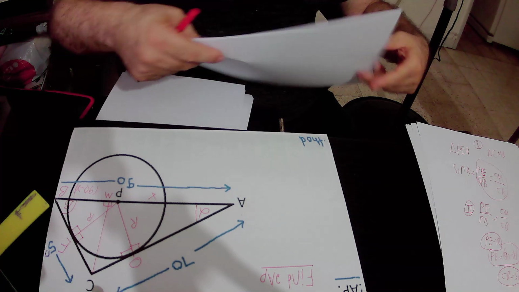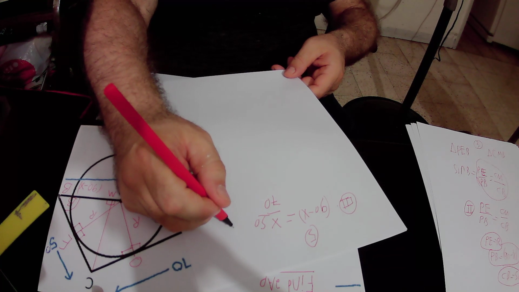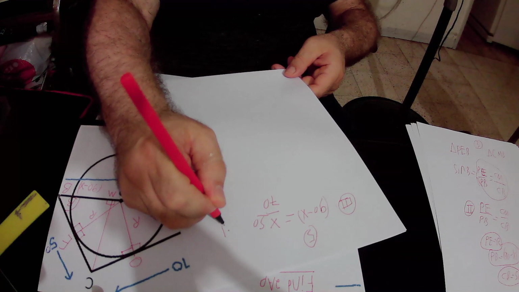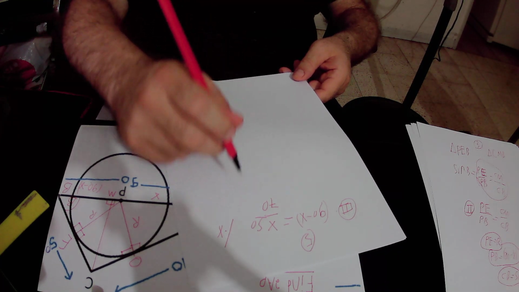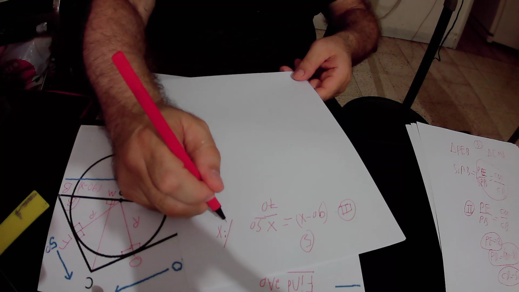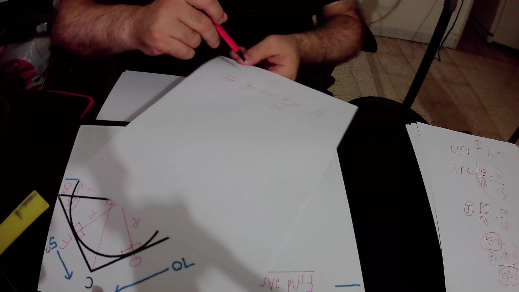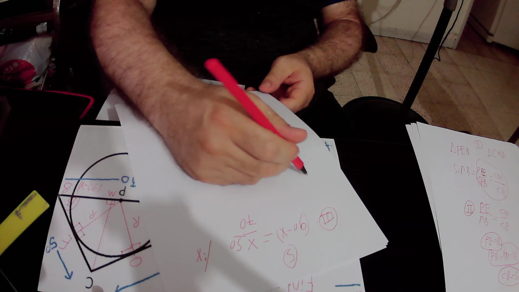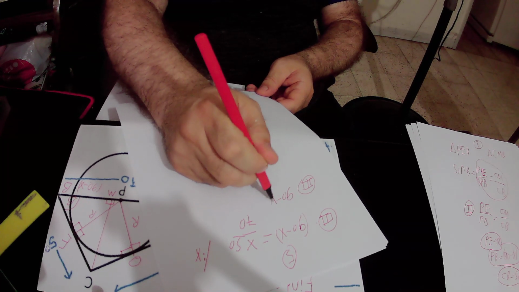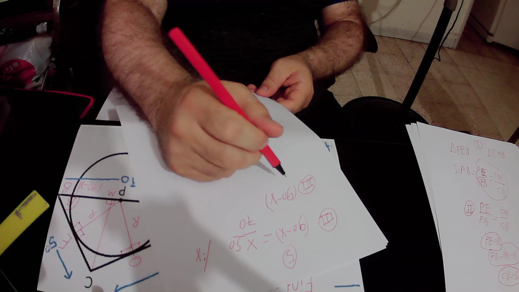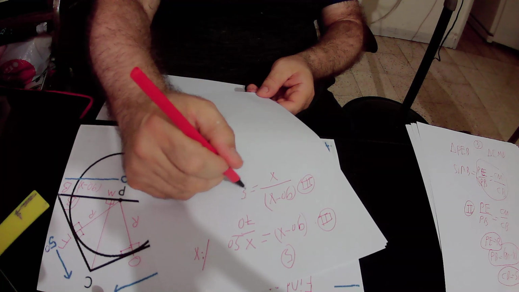So I will do it now: (90 − 6) divided by x equals 50 over 70.